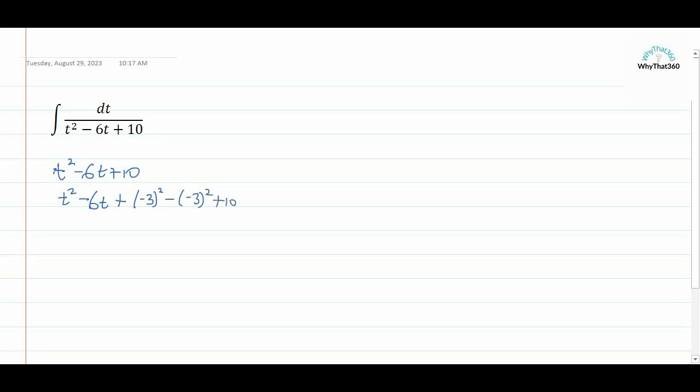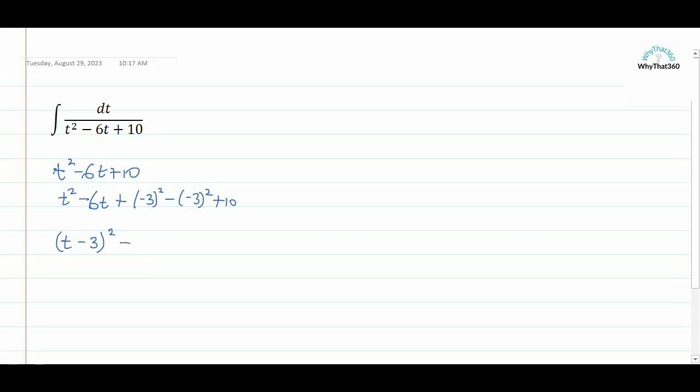plus 10. We are dealing with the denominator first, and you can see these first three terms complete the square. So we should get t minus 3, all this squared, which is the same as the first three terms.